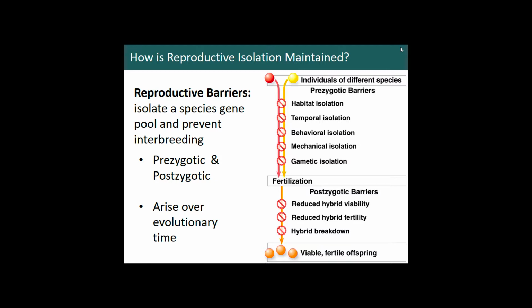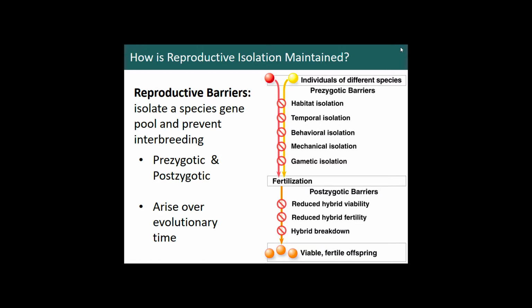What's a zygote? It's a little baby, right? The egg and the sperm fuse and come together and make a zygote, right? So prezygotic means a mechanism that prevents egg and sperm from ever coming together, okay? Postzygotic means that egg and sperm come together, but that doesn't result in a successful, viable offspring.